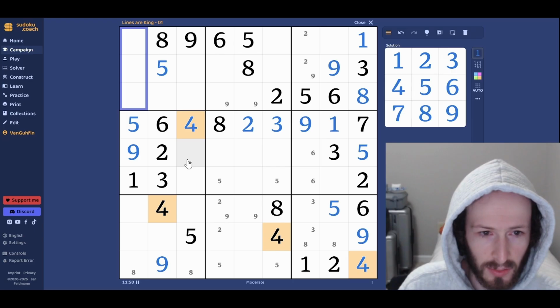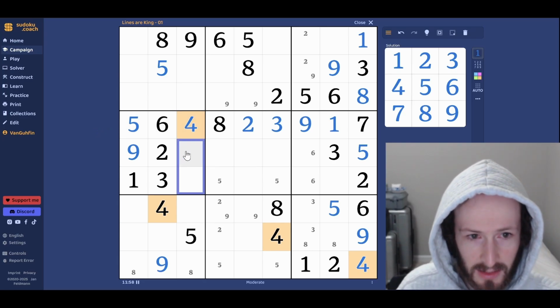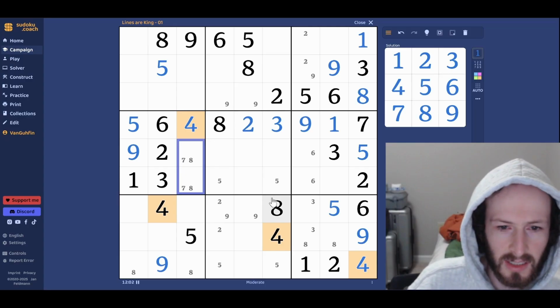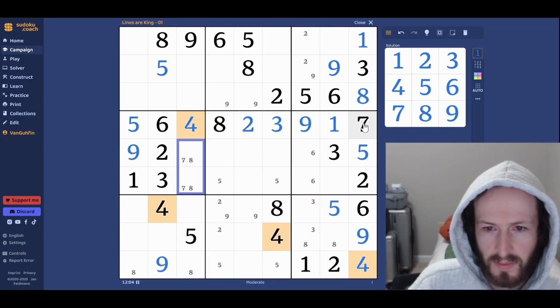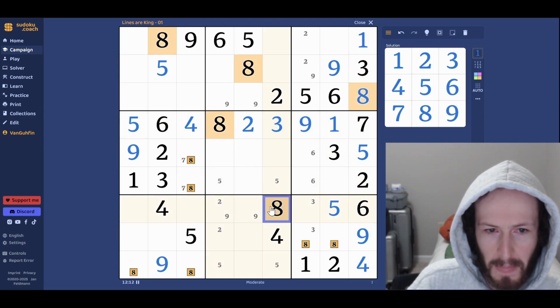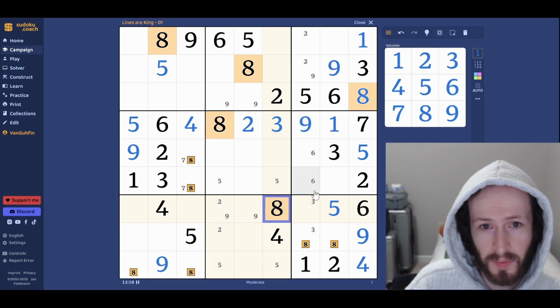Not a whole lot, but now I know what options I have here. 7 and 8. Oh right, I don't have a lot of 7s. I only have 1 7. Got it. What about 8s? Oh, that's cool.